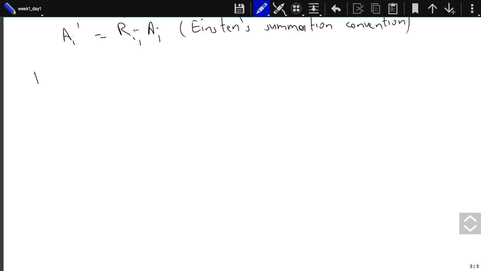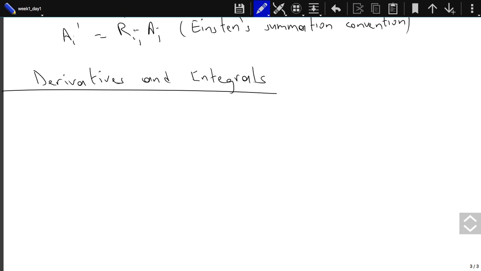Now let's just review the derivatives and integrals in multi-dimensions. Most of the time in physics, we are interested in changes in quantities. For example, if you remember the kinematics, when we say there is the velocity, we are actually talking about the change of the position.